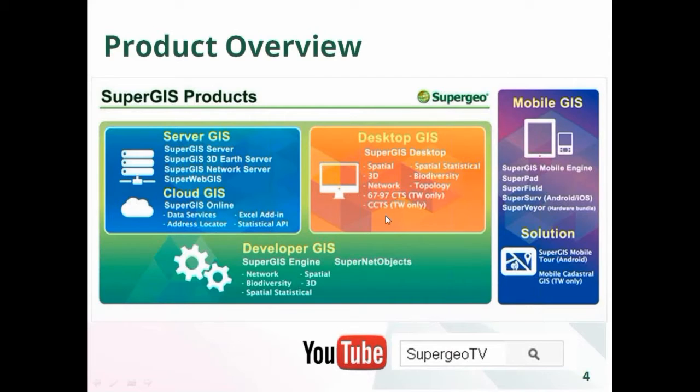Finally, publish and share results with others by using SuperGIS Server. Moreover, we also have a developer GIS that can help programmers develop customized platforms with ease. Today, our focus will be SuperGIS Desktop, of course, which is highlighted with a red window here.